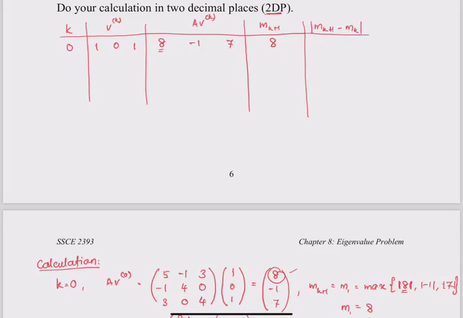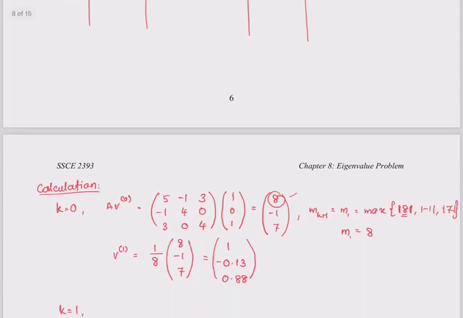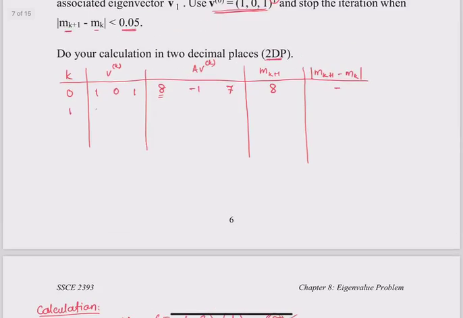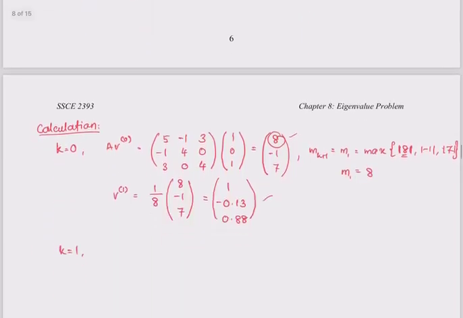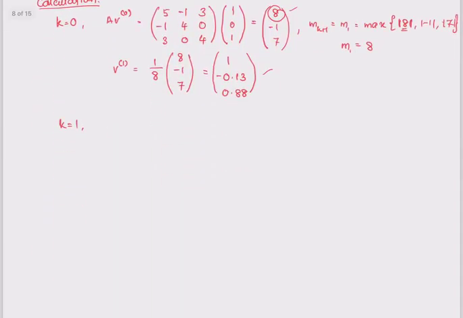Of course, for this one, when k is equal to 1, our v1, we know that is this one, 1, negative 0.13, 0.88. And then we need to calculate AV1. Our A now is 5, negative 1, 3, negative 1, 4, 0, 3, 0, 4.